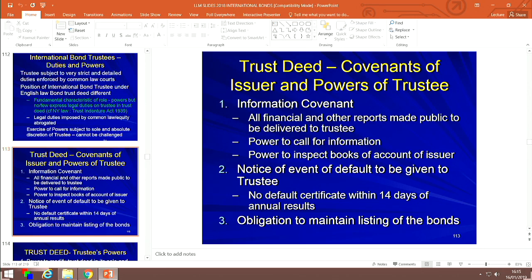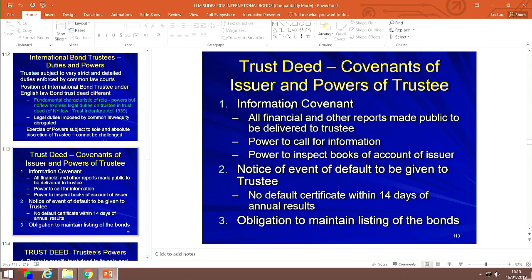And unlike in syndicated loans, in a bond issue subject to a trust deed, a no default certificate must be issued by the issuer soon after the annual results of that issuer are published. So it's an automatic legal obligation which kicks in. These are all, remember, obligations owed to the trustee, not to the bondholders.